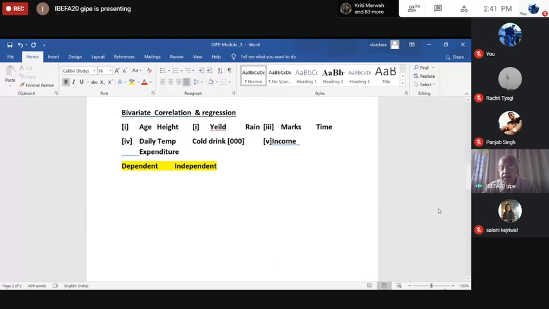If you want to know production of potato per plot when the rainfall was 28 centimeters in the plot, forecasting the production of potato per plot with the help of given rain, correlation regression is the topic.